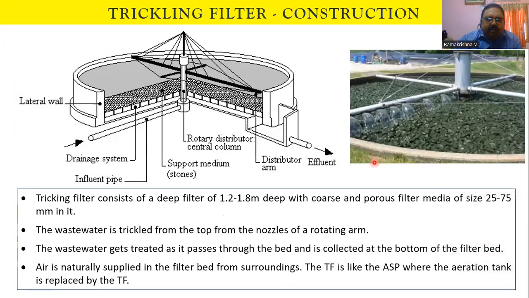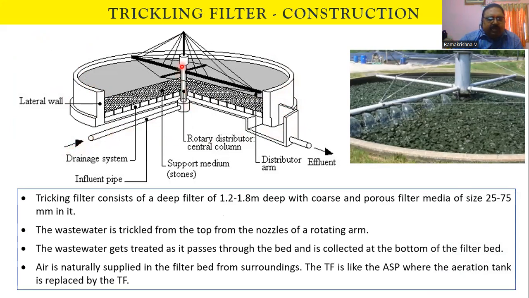Now let us look at the construction. This is a trickling filter. You see here a circular configuration, cylindrical, at a small height. The influent is coming from the bottom and rising to the top.